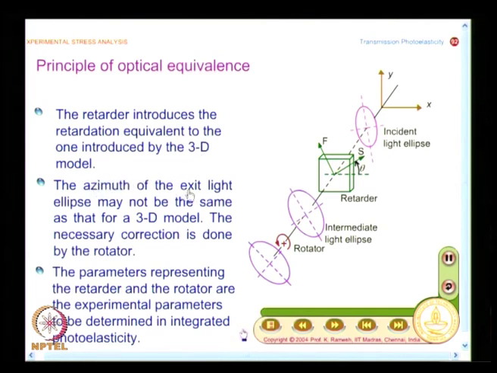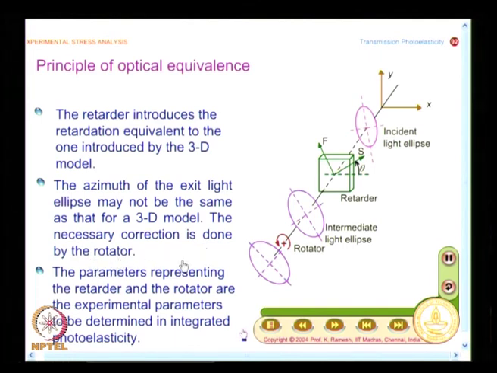The azimuth of the exit light ellipse may not be the same as that for a 3D model. So, the retarder does the job of modifying the incident light ellipse to the exit light ellipse, but it may not guarantee the azimuth being the same. Whatever correction is necessary is done by the rotator.